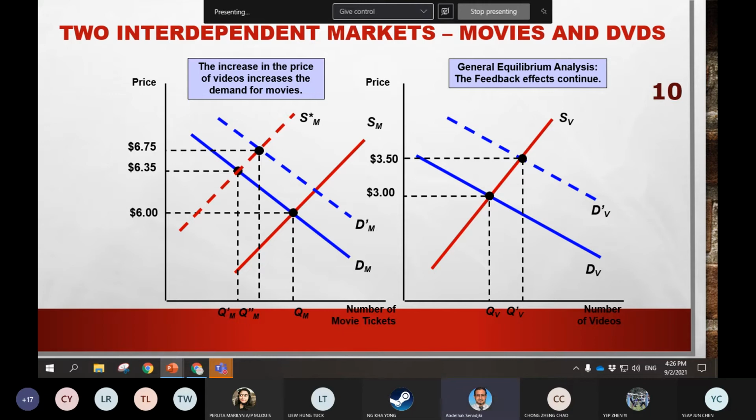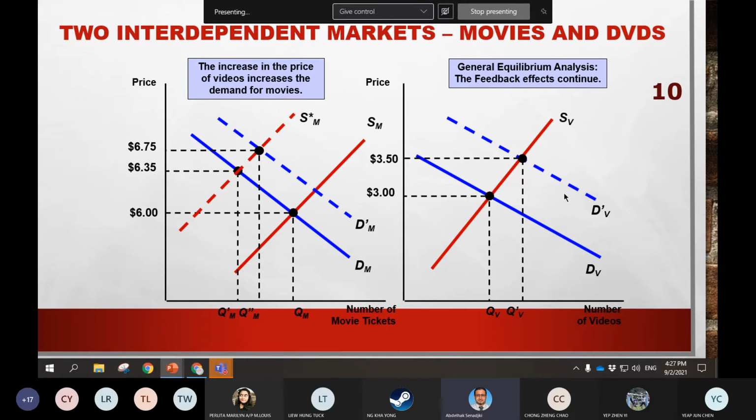As I say, the change in the market price of movies generated a feedback effect on DVDs, and the feedback of DVDs in turn, again, affects the price of movies. So put it in that way: tax increases the price of movies. This lets people substitute to renting DVDs.